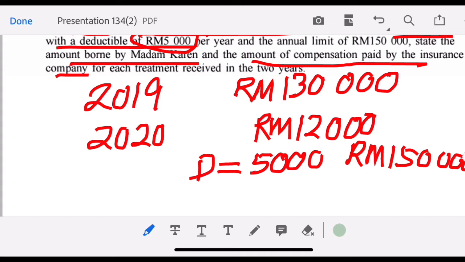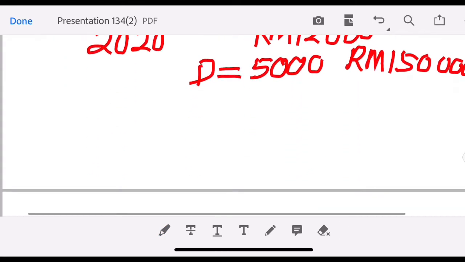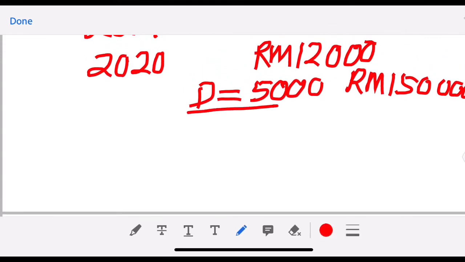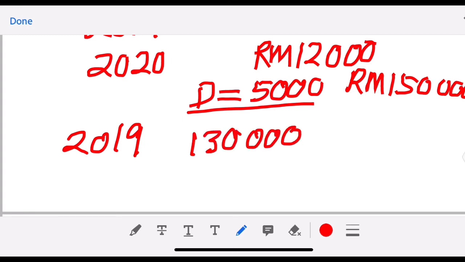Okay, let's see how to do the calculation. First thing is the deductible amount is very important. It's 5,000. So for this case, during the year 2019, the 130,000 medical cost has to minus out the deductible.